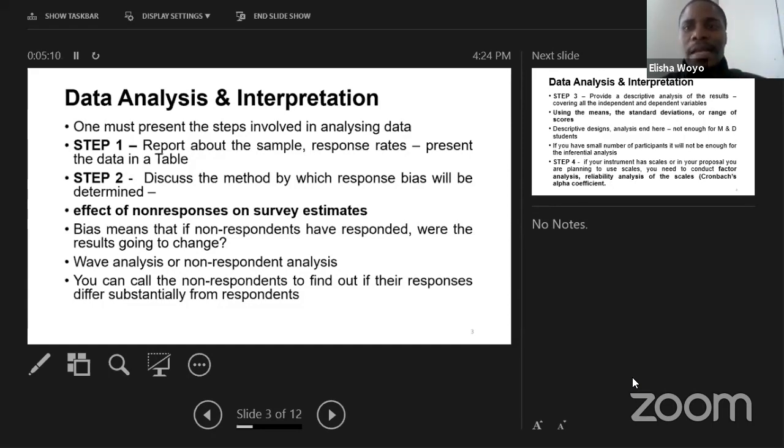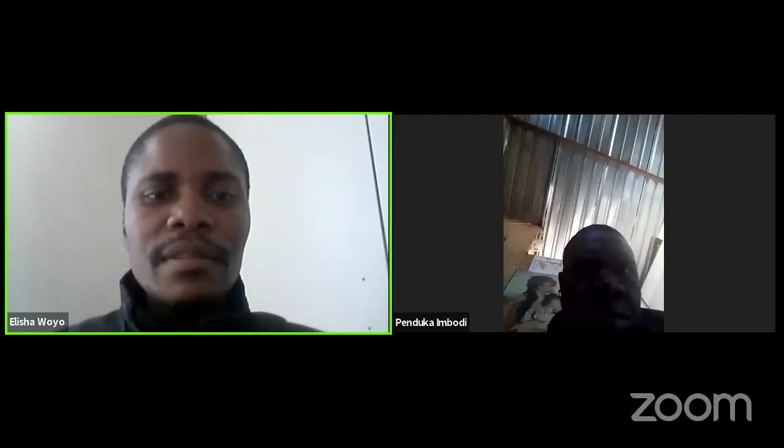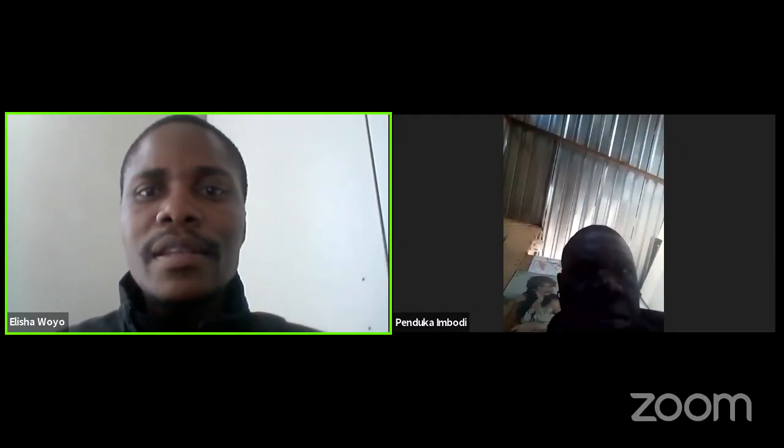So this is the initial step that we normally do when we are doing quantitative analysis. You need to report about the sample, and you need to report about the sizes. In addition, you also need to indicate a description of the sample.